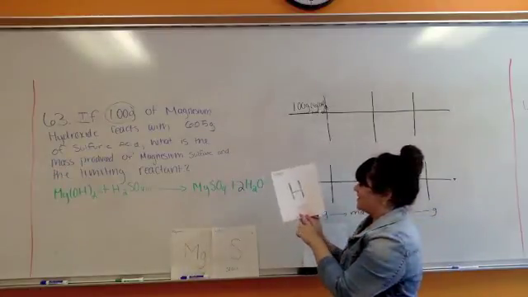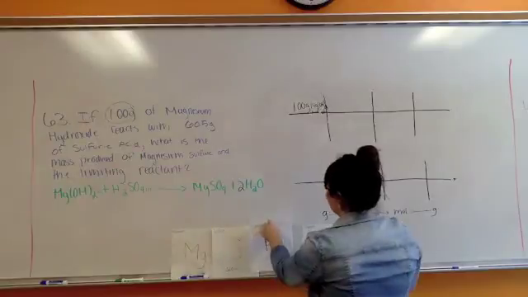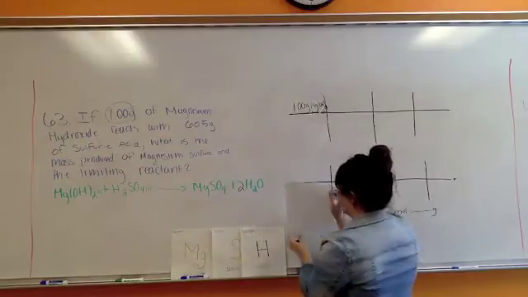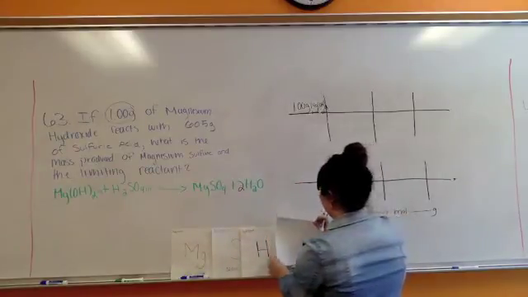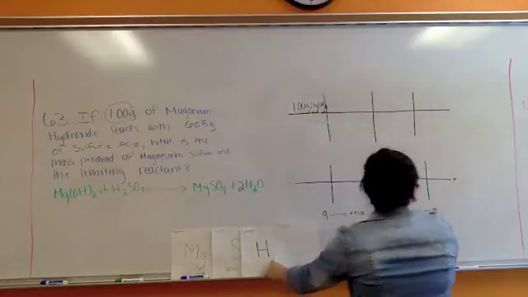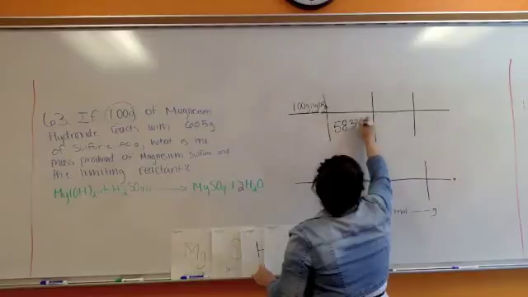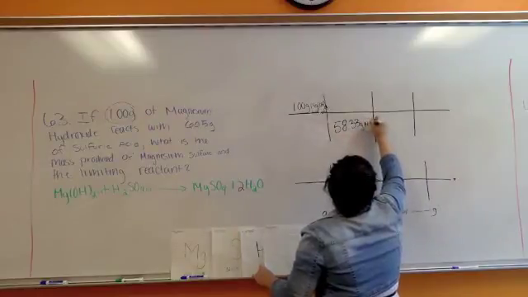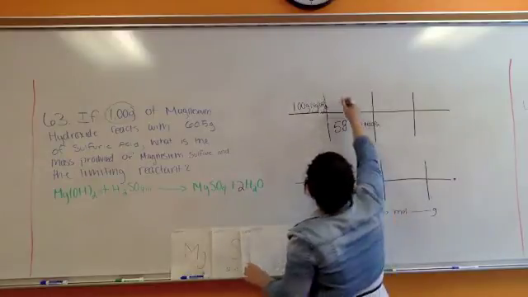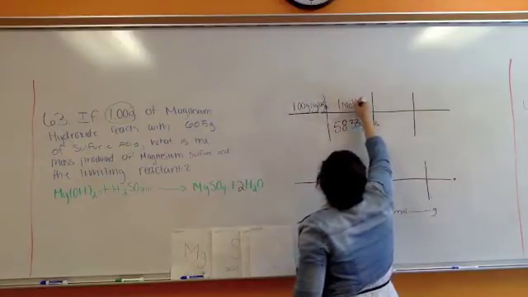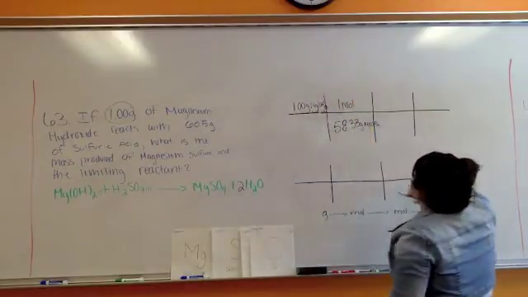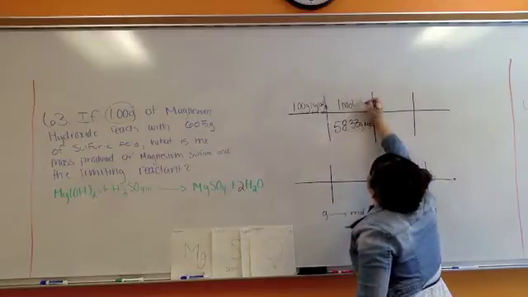Hydrogen is 1.01, and there's 2, so you multiply that by 2. And then oxygen is 16 times 2, and then you get 58.33 grams of magnesium hydroxide over 1 mole of magnesium hydroxide.